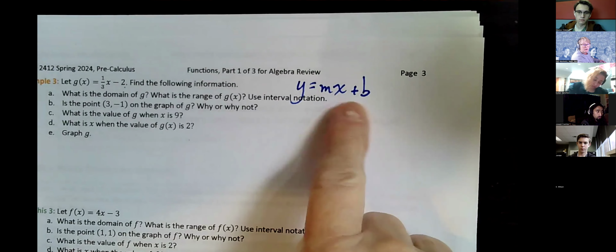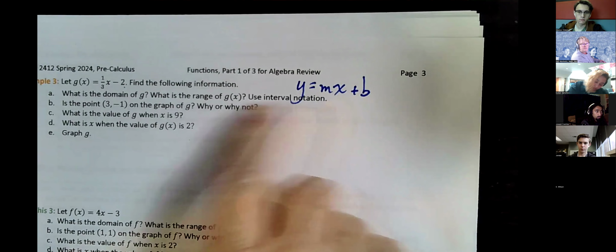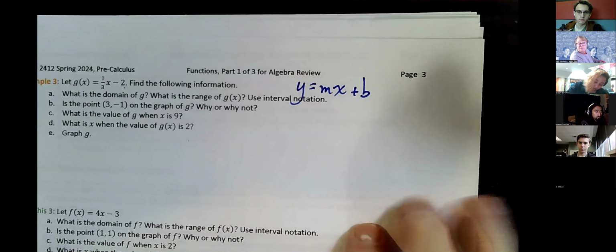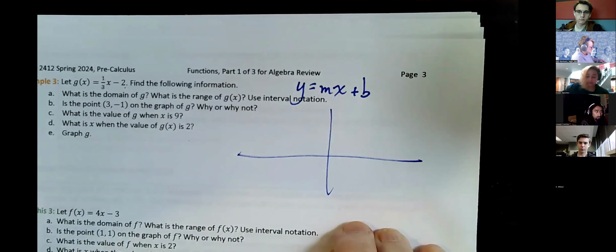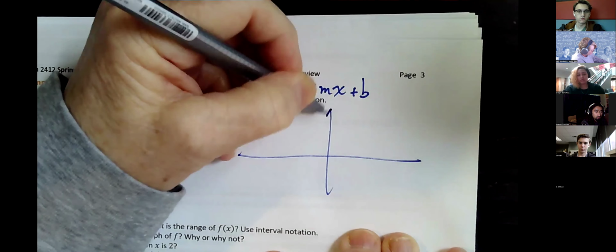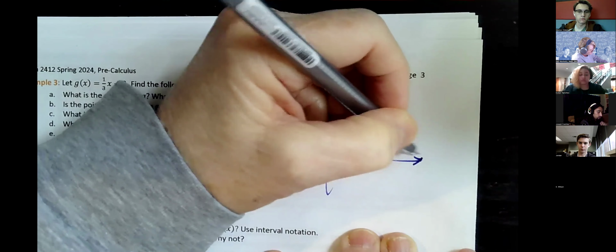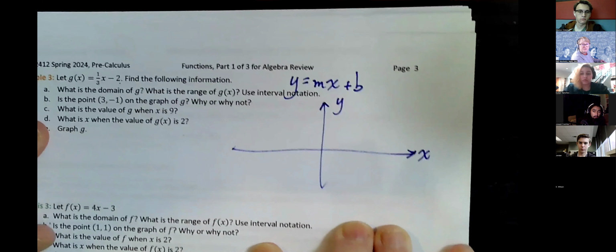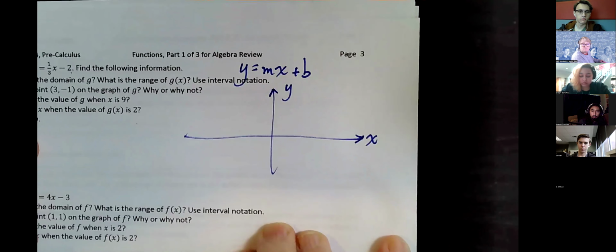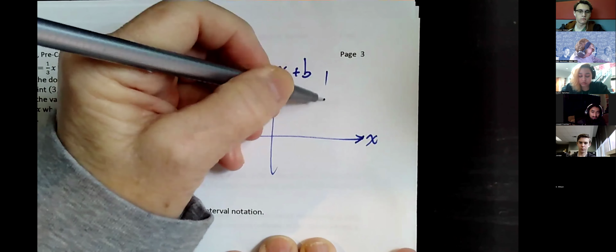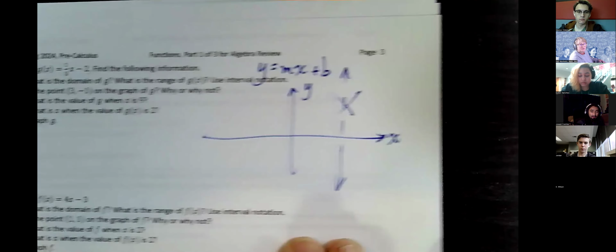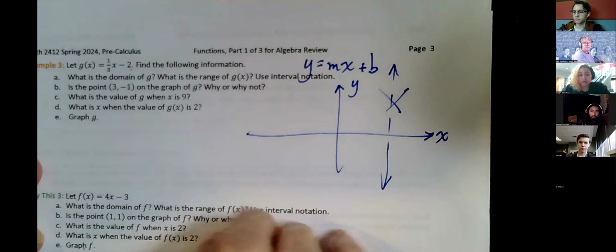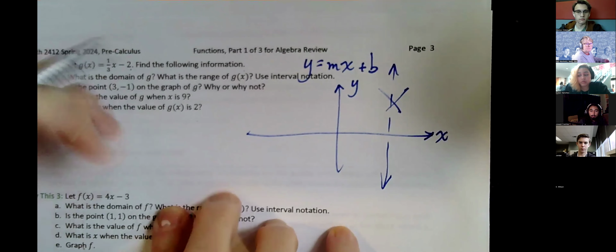And we know that all lines are functions except one kind of line. What is the only kind of line that would fail the vertical line test? A vertical line. Yeah, that's right. So every other kind of line is, in fact, a function.